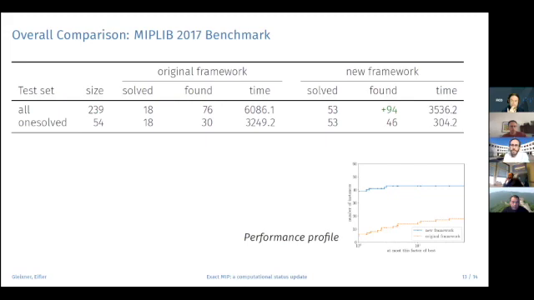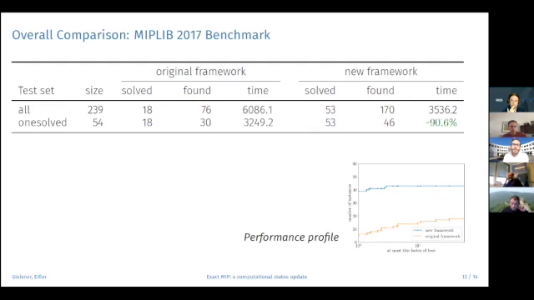But I guess the most satisfying result is the reduction of running time between the original framework and the new framework. And this is about 90%, so about an order of magnitude speed up when you exclude the instances, of course, that time out with both solvers, they just dilute the result. This is also reflected here in the performance profile that you see at the bottom.